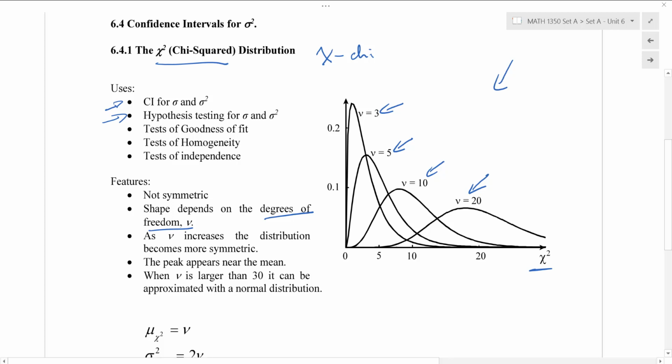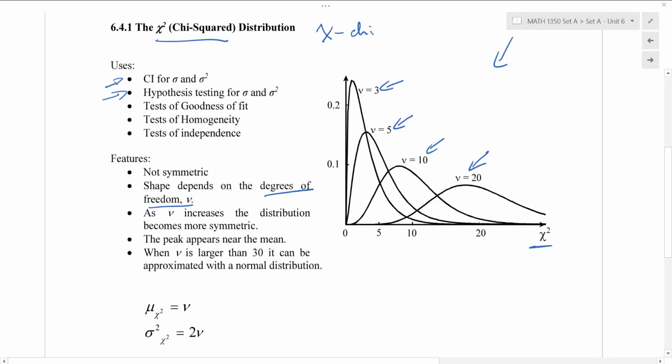So you can see nu equals 20 here looks a little more bell-shaped, a little more symmetric. The peak here is near the mean, and we have this nice property again that when nu is larger than 30, we can approximate it with a normal distribution. So it eventually looks normal as long as our degrees of freedom is big enough.